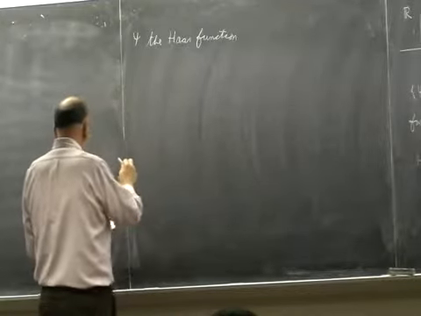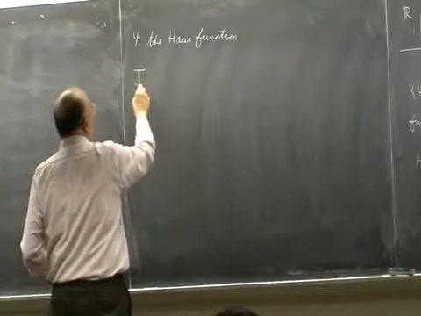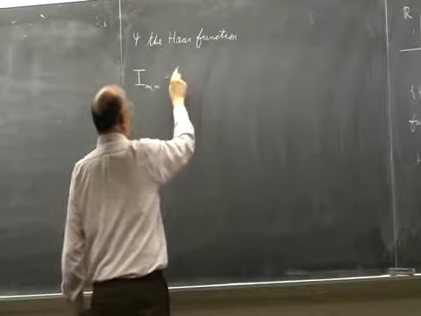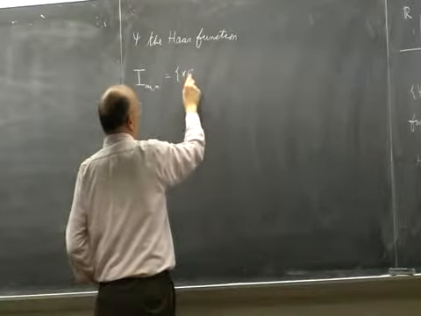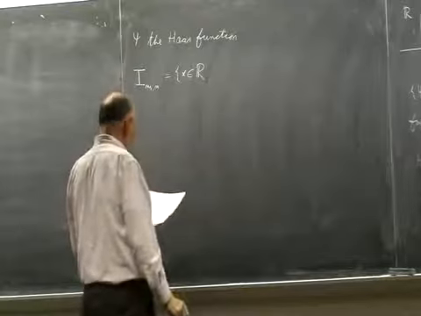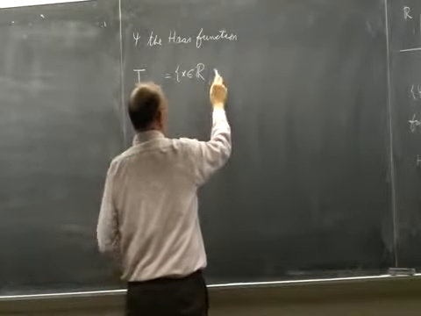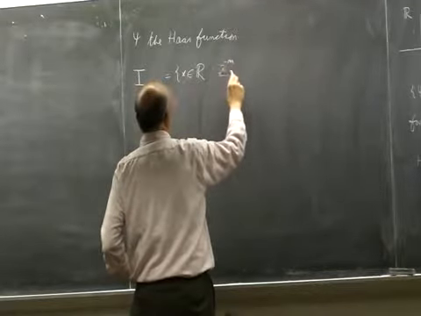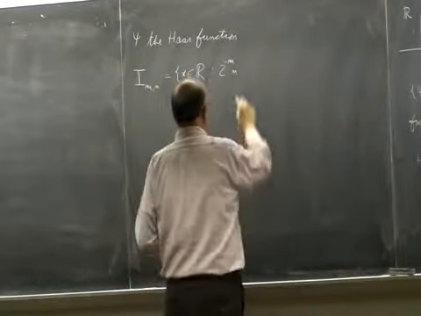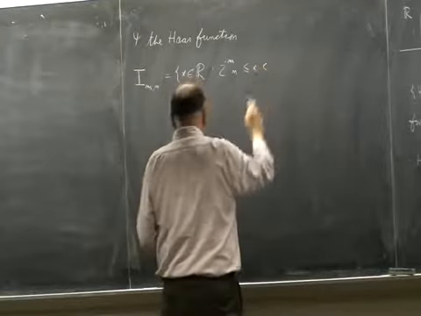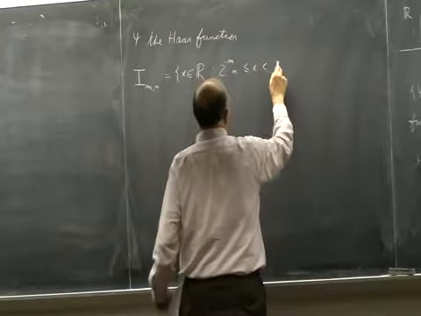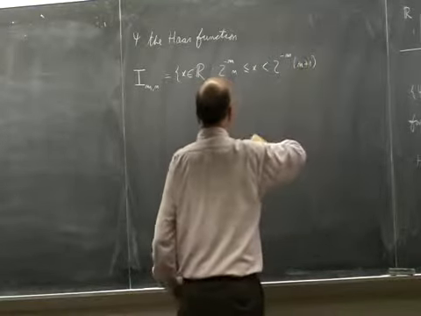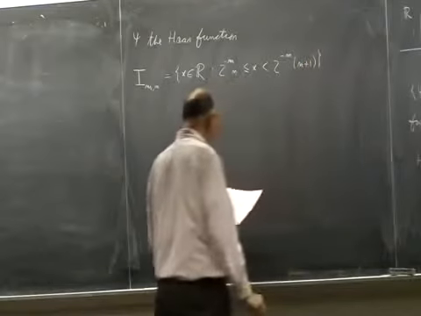We're going to let I_{m,n} be equal to the set of points x in R such that 2^{-m} n is less than or equal to x, less than 2^{-m}(n+1).